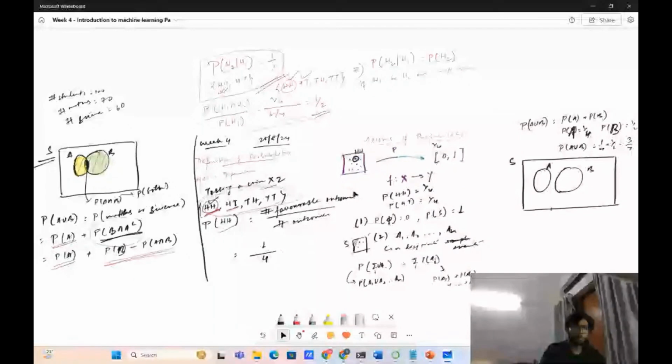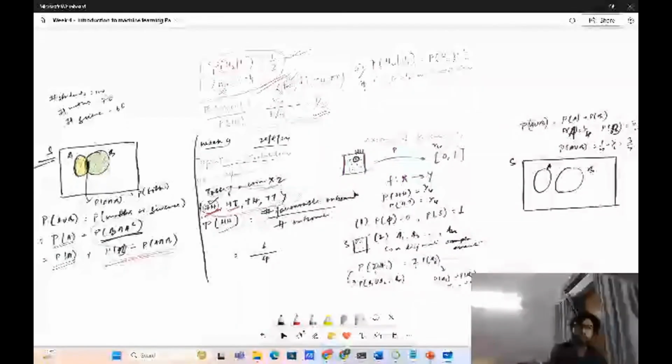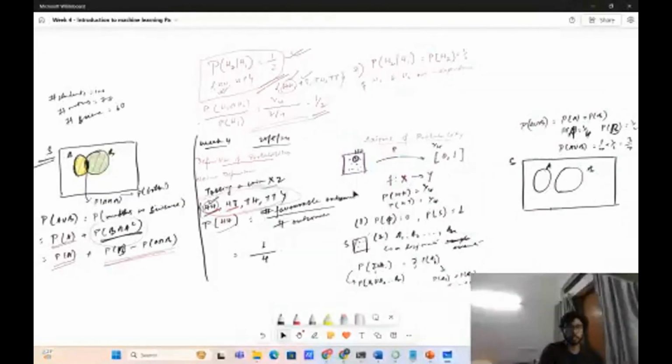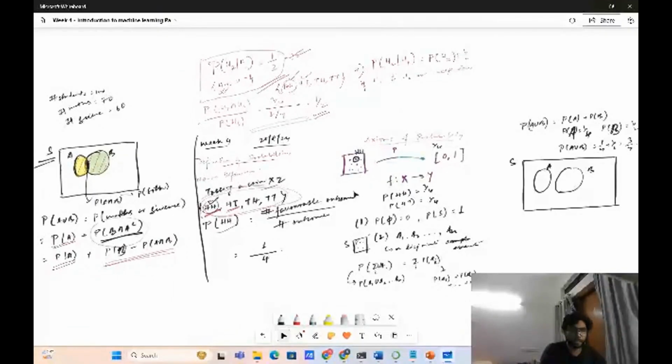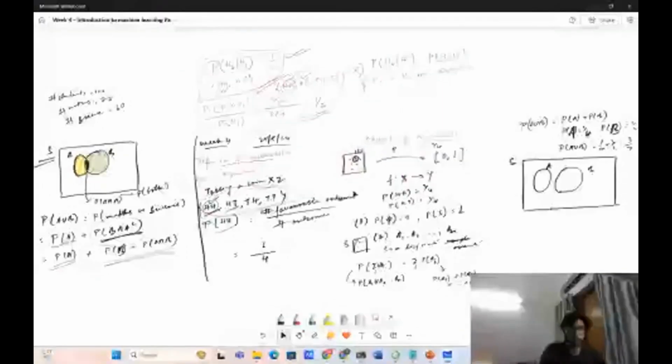And what is the probability that you get head on the second coin? Yeah, right? So again, this example is explaining all the things that I have covered, as well as conditional probability and events and so on, right? So, yeah, any questions?